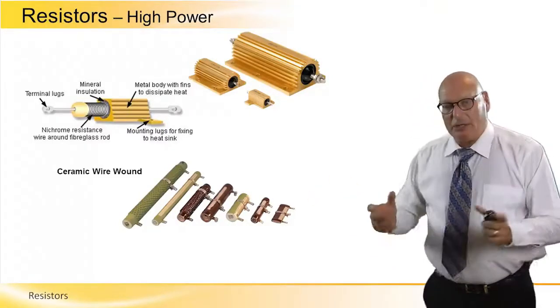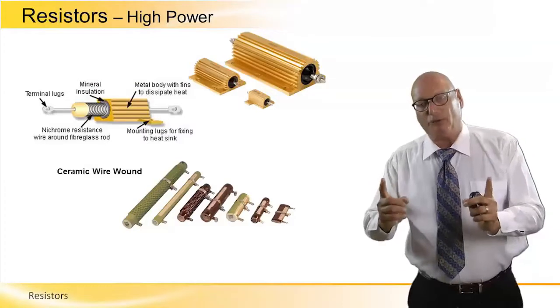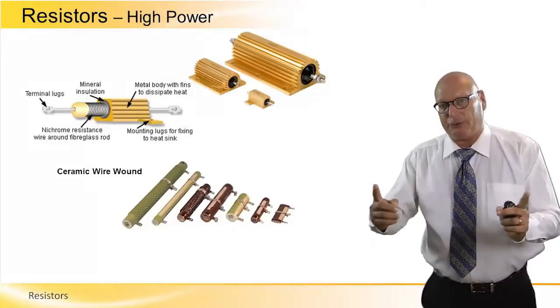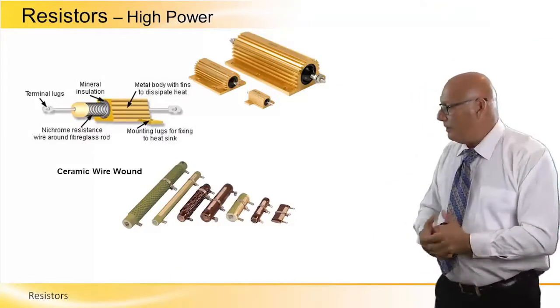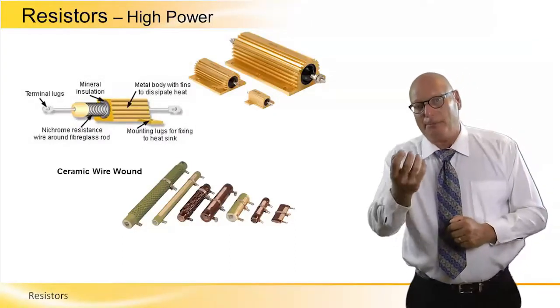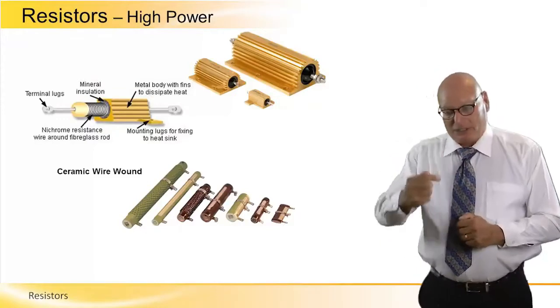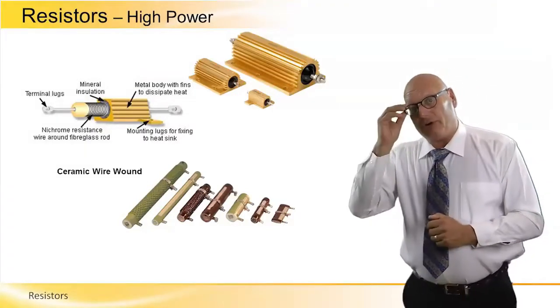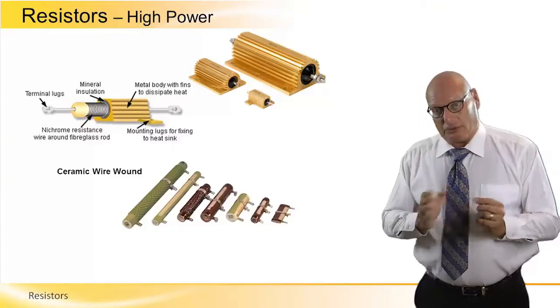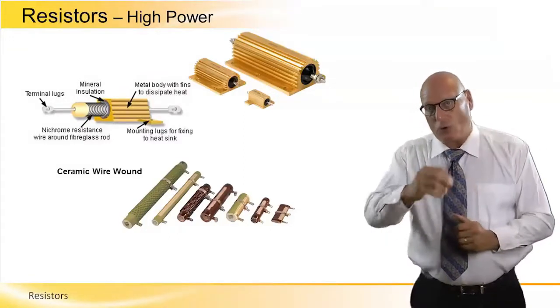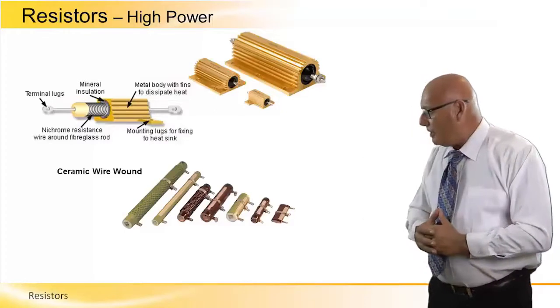Ceramic wire wound. These ceramic resistors are large, I'm gesturing with my fingers because they can be 30, 40, 50 centimeters long, and they are very heavy. There's basically a ceramic pipe that is wire wound. They're very accurately done, with very low tolerances, 0.005%.